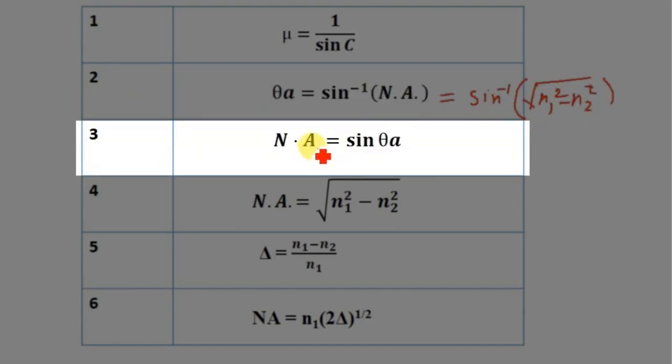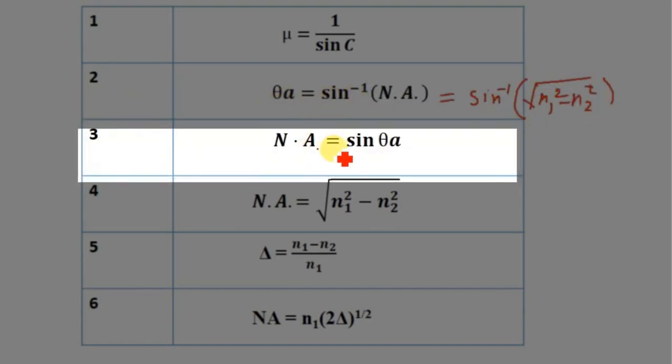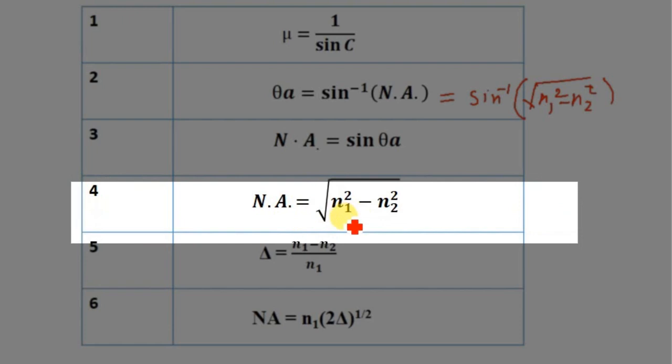Then the third relation is numerical aperture equal to sine of acceptance angle, just the reverse of the second equation. Numerical aperture, as we know, is root of n1 square minus n2 square. Sometimes it is divided by n naught. In most cases, this n naught, the refractive index of the medium through which light enters the core, is 1, as it is air.